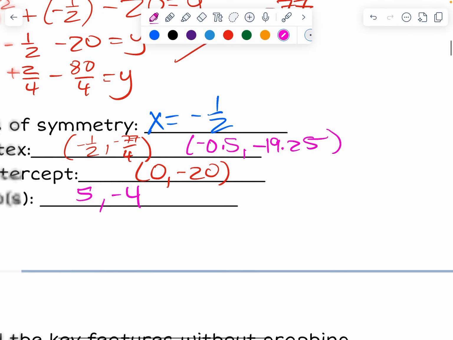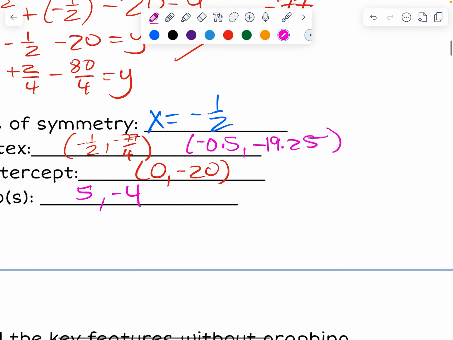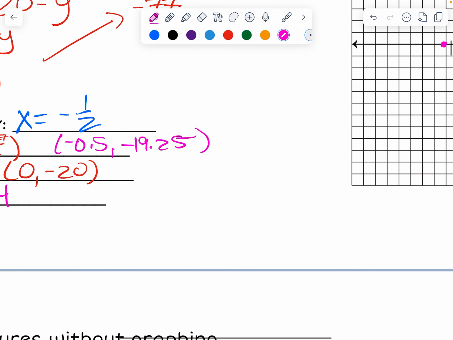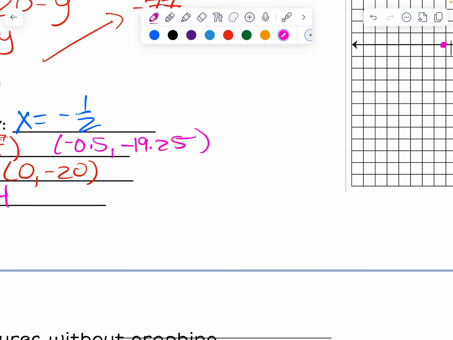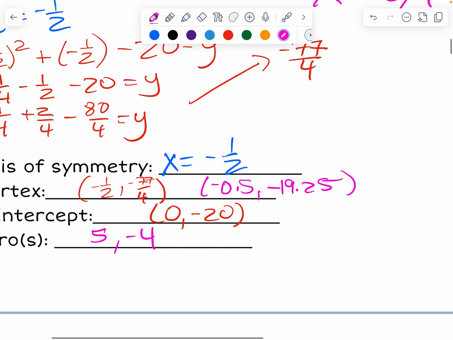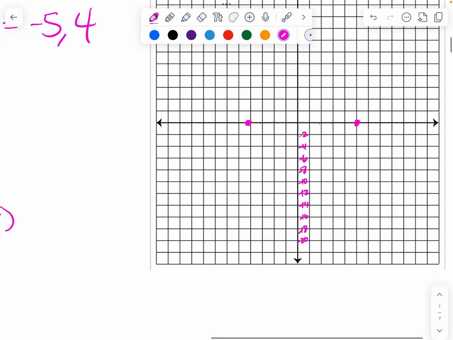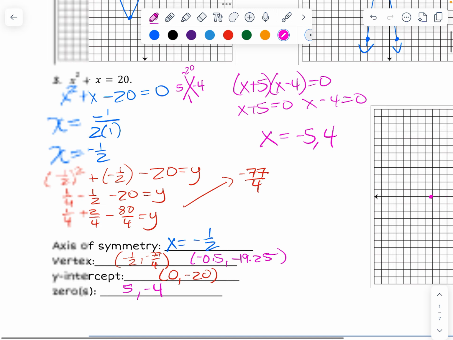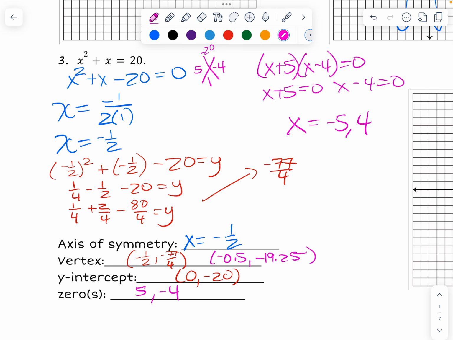So I have the point 0, -20. There's something wrong with my vertex. So let me plug this in to my calculator.